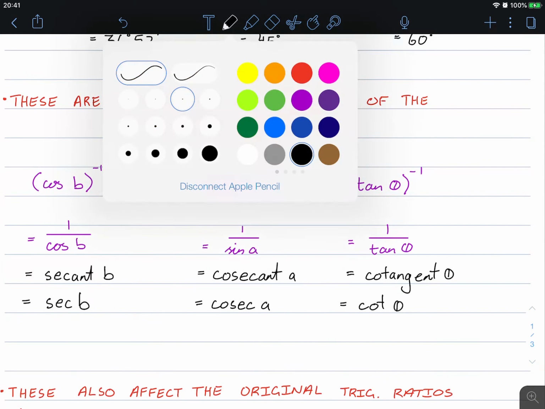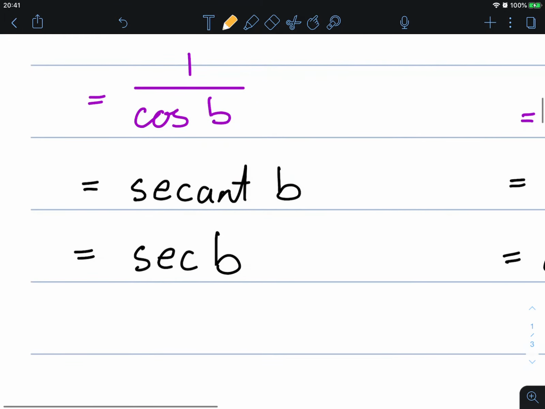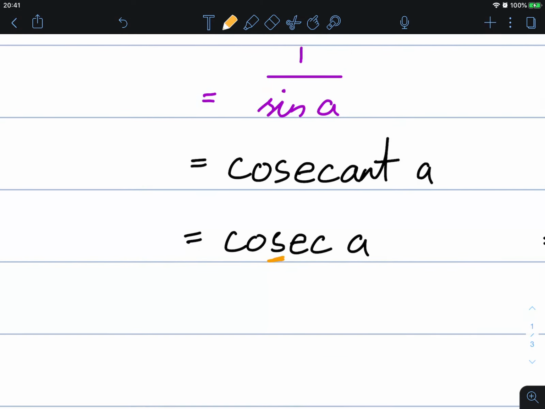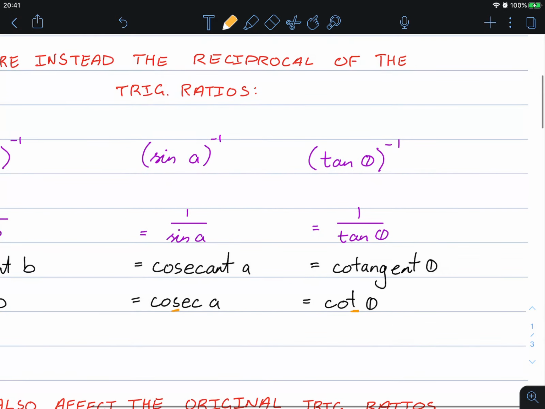Now it feels as if we have to remember three more things, but it's actually pretty simple to remember. What I remember being taught, and what I'm teaching you now, is the third letter of each of these reciprocal identities will tell you what their originals were.